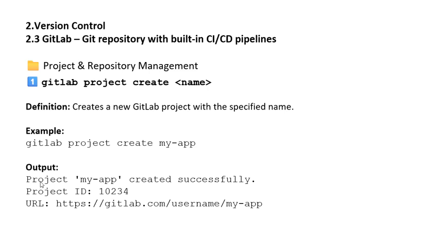The output is: project my-app is created successfully, the project ID is 10234, and the URL is https://gitlab.com/username/my-app.